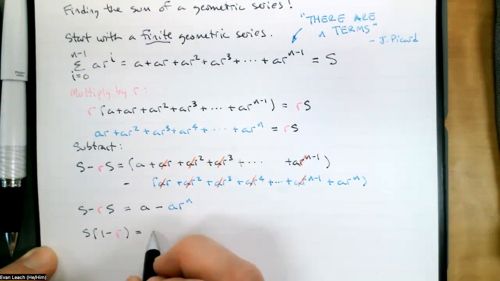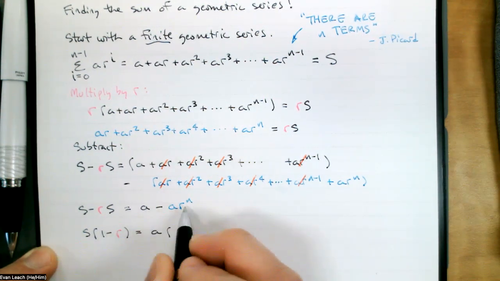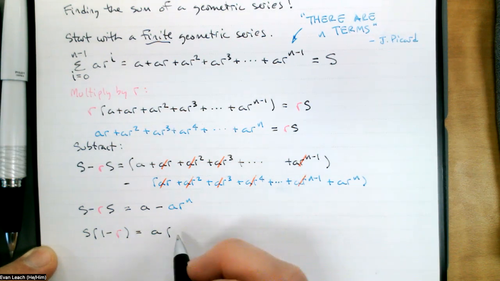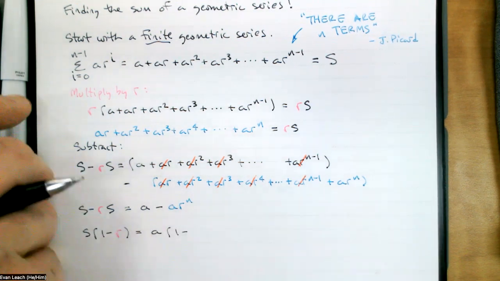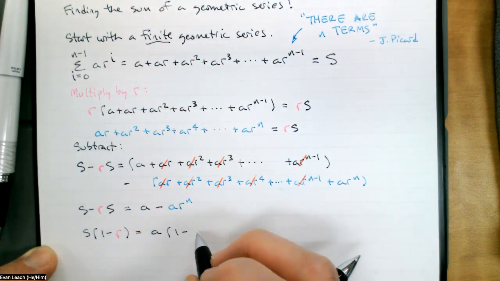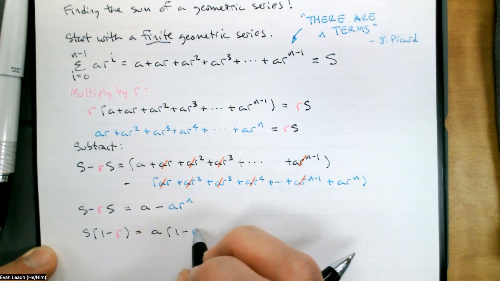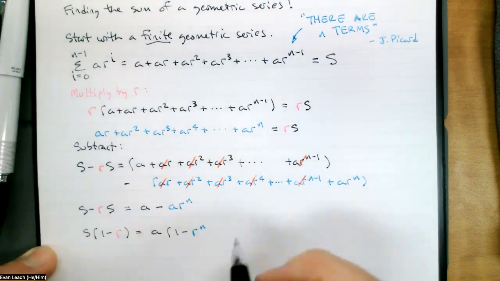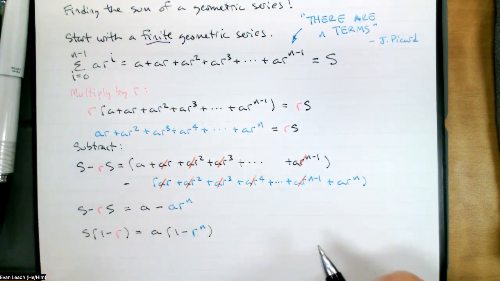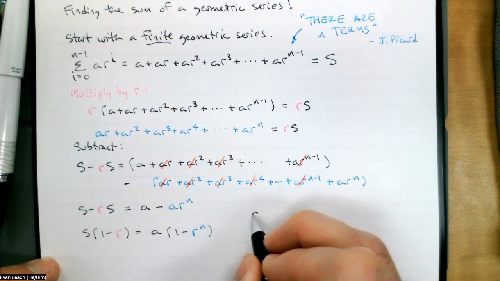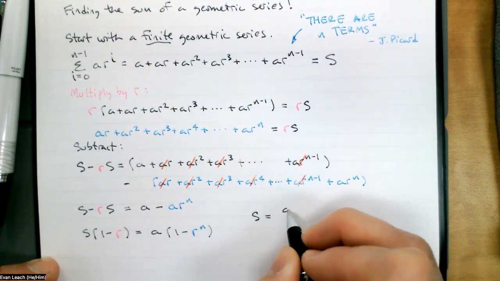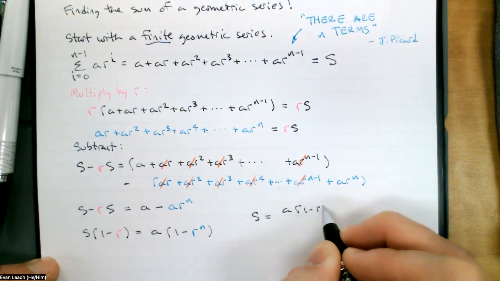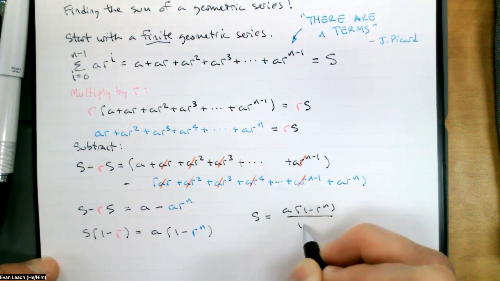And we can also factor an a out of the right side. That'll leave a minus a times r to the n. And so this tells us that S is equal to a times 1 minus r to the n over 1 minus r.